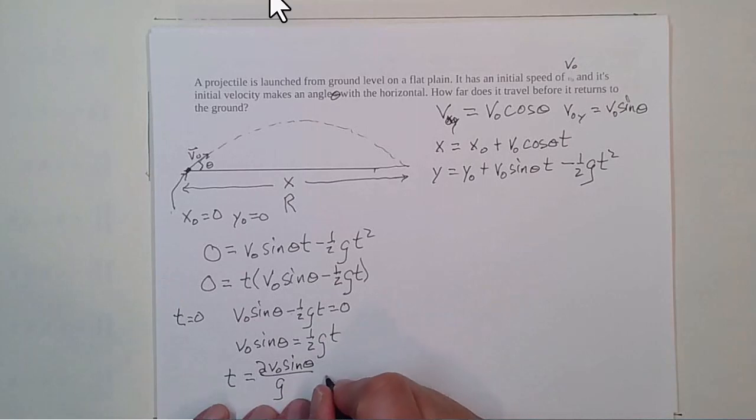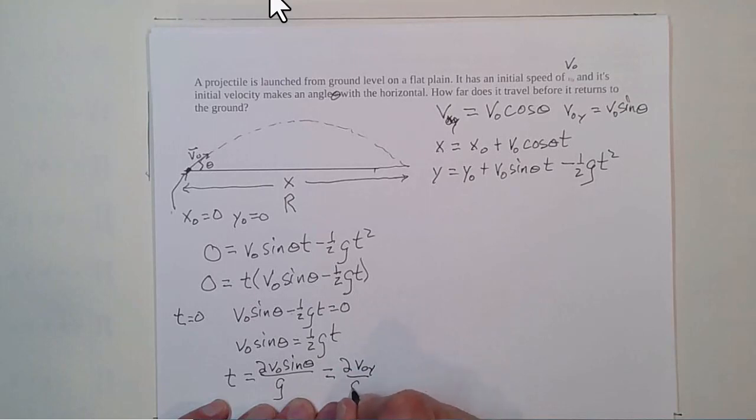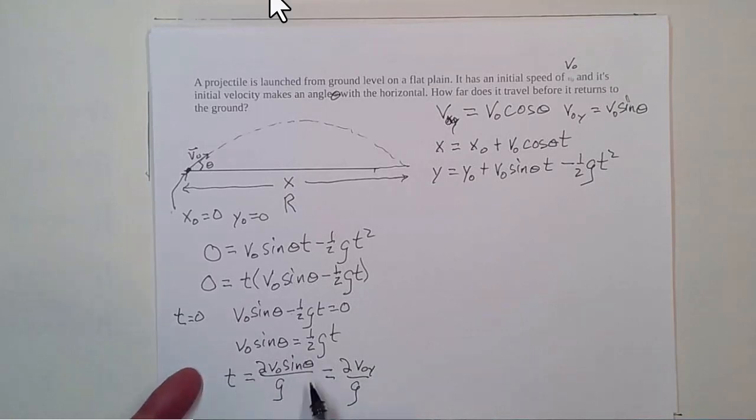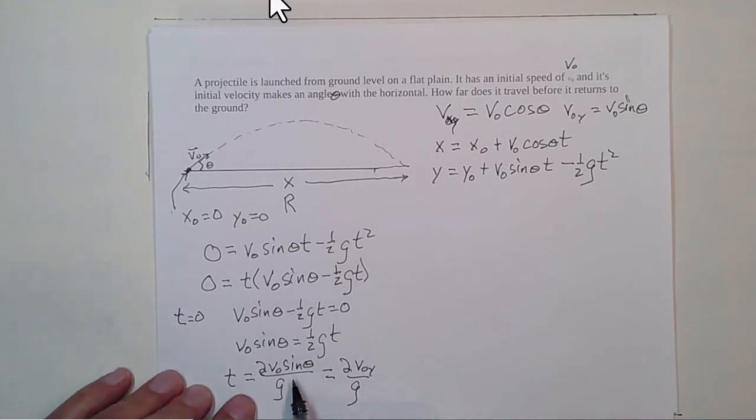Now, we may have written this as 2 v naught y over g in an earlier problem, but for this one, we're going to leave the time as that. Okay, so that's how long the time of flight is.